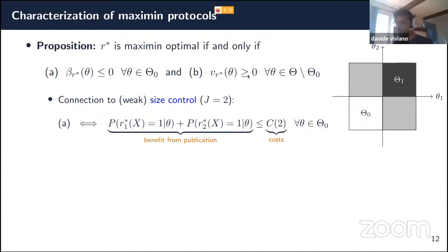Now, there is a natural connection between the game theoretical structure that we derive and size control in this setting. In particular, condition A provides some insight into the type of size control that we need to induce.